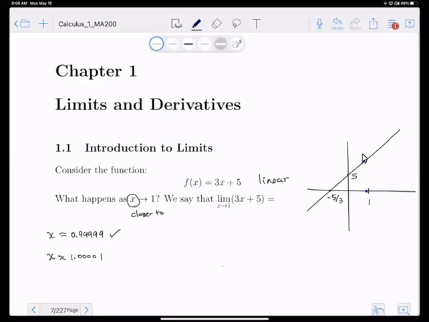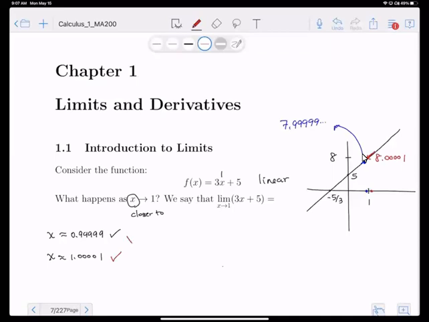When x equals exactly 1, as you see, we have 8. But if it's closer to 1, then this number is not exactly 8, but closer to 7.99999, and it keeps going this way. On the other hand, if x is closer to 1 but slightly bigger than 1, I'm looking at the point right here, then your function is closer to 8.00001.